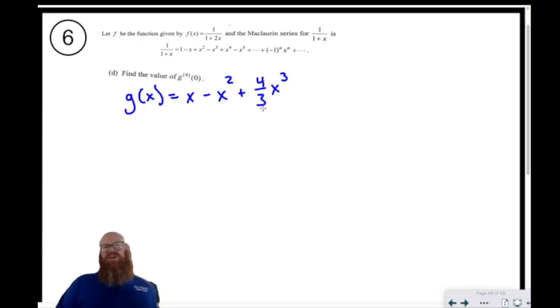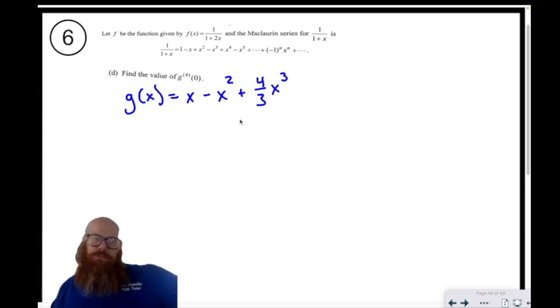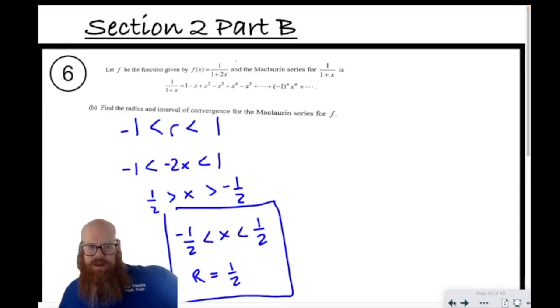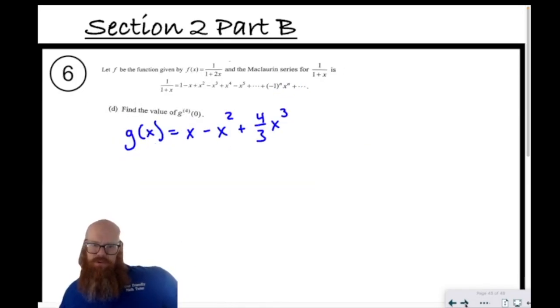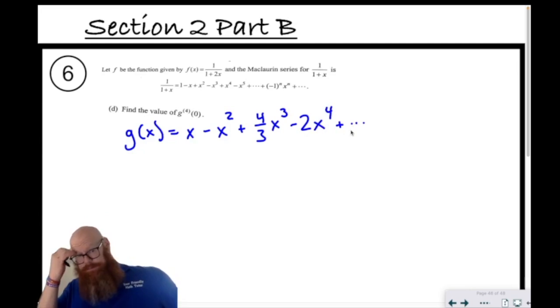I stopped in the problem before, but I should keep going. If we refer back to f, the next term that we found was minus 8x cubed. If we do the antiderivative of that, that would be minus 8x to the 4th over 4, so that would be minus 2x to the 4th. I do need that for this problem, and I think that's all that I'm going to need.